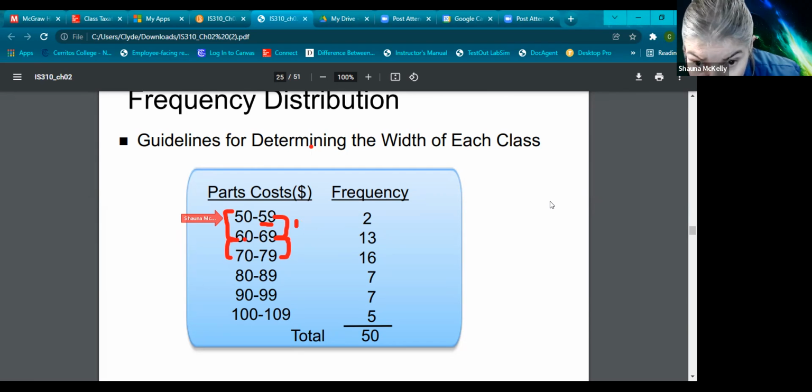So this width is going to be 10 units, and then there's going to be another 10 down here, and so forth. 10, 10, and these are 10 also. And so it's going to be consistent with whatever the width is supposed to be.